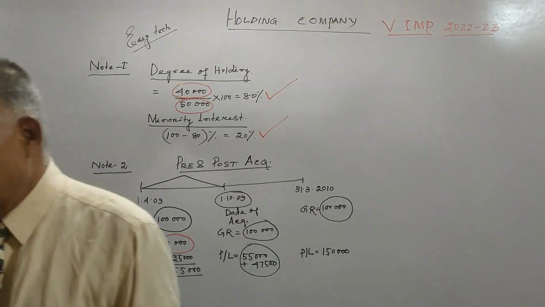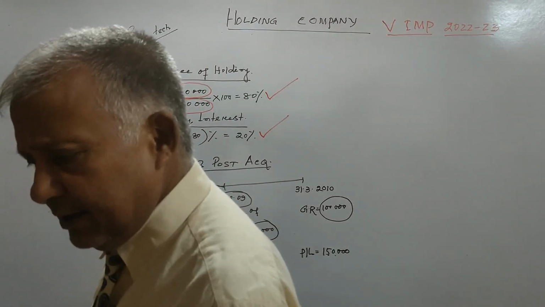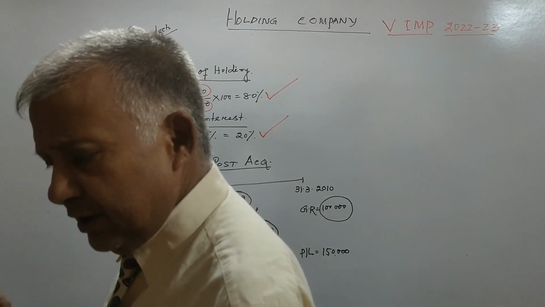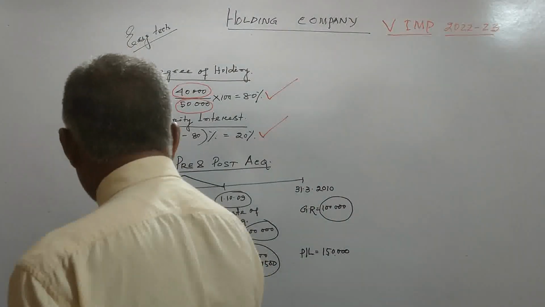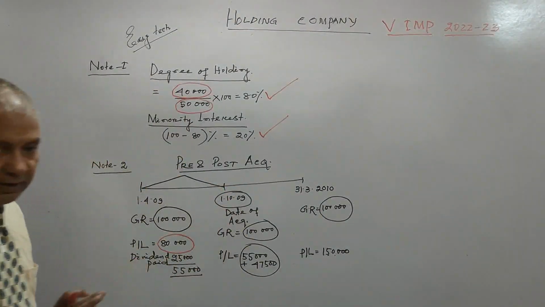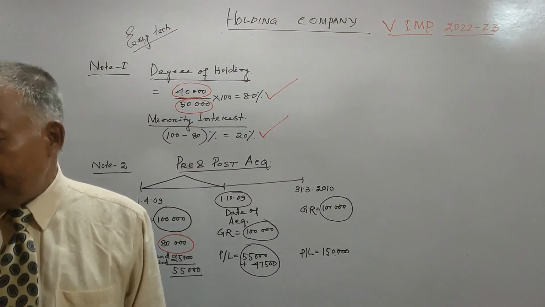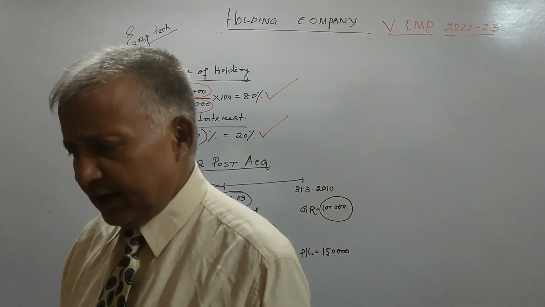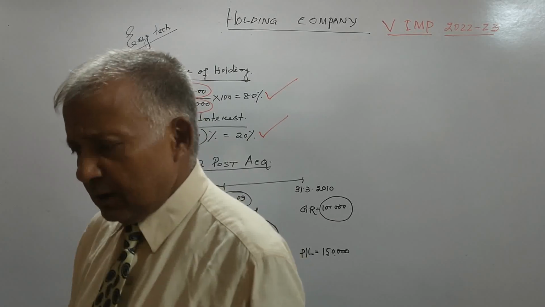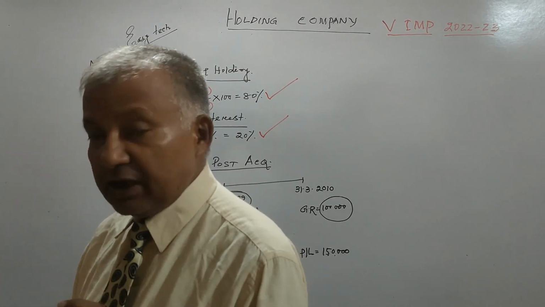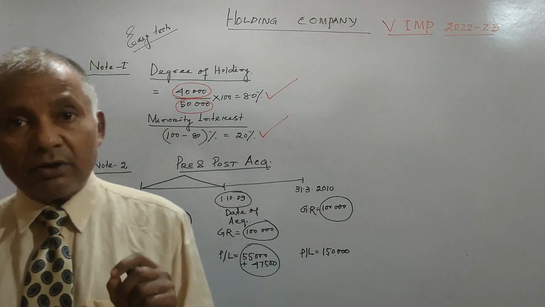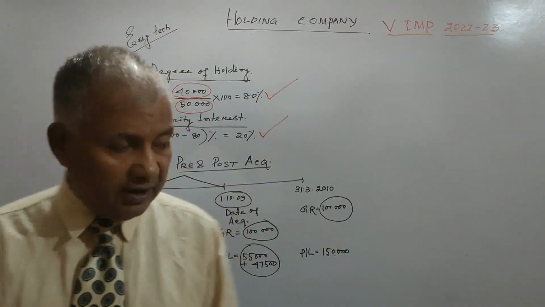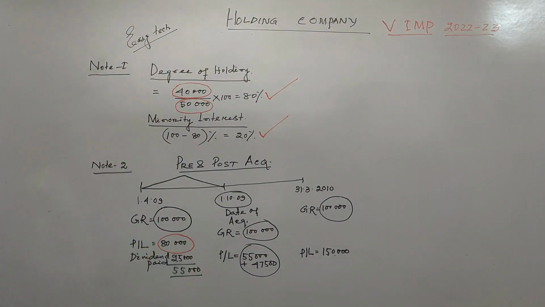But out of that, interim dividend has already been paid at a rate of 5% by your S Limited. This is the information in adjustment number 2. However, this interim dividend has been taken to the holding company PL.